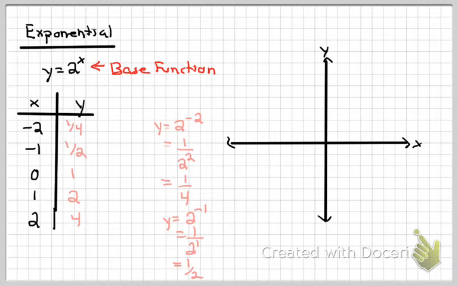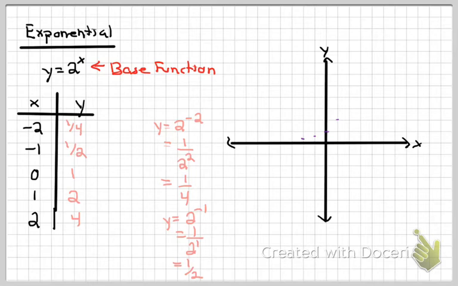So when we graph this, we're going to start at -2. So at -2, it will be a quarter. At -1, it will be a half. At 0, it's 1. At 1, it will be 2.